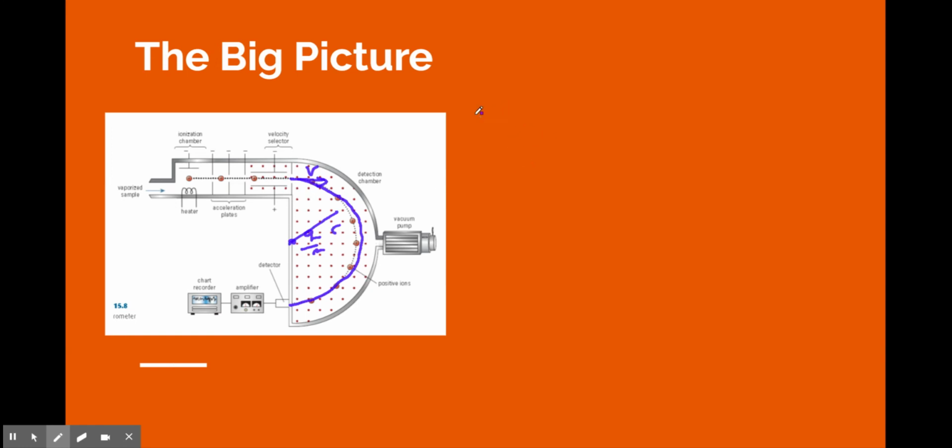Now, a couple of things we should understand. Number one, the acceleration chamber is the thing that creates the final velocity. The acceleration chamber determines the speed.